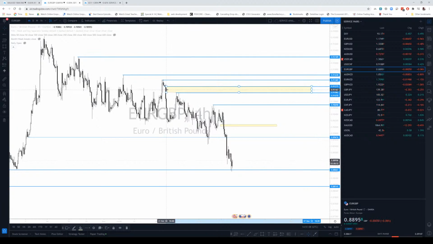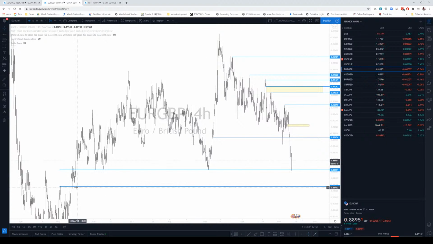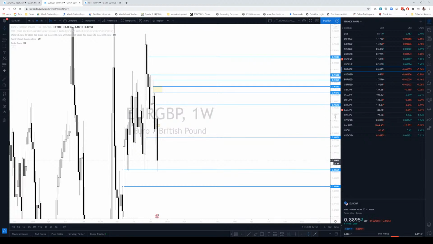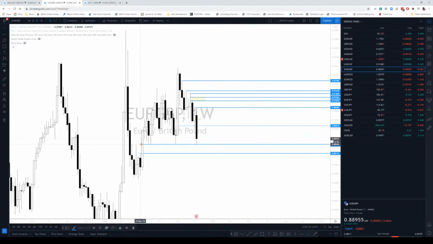That'll be where I'll be targeting. All right, so let's see if we get a reversal down here. If you go on the weekly, you see what I'm talking about. So on the weekly, now we have a short-term low with a really beautiful down candle prior to this whole move to the upside.